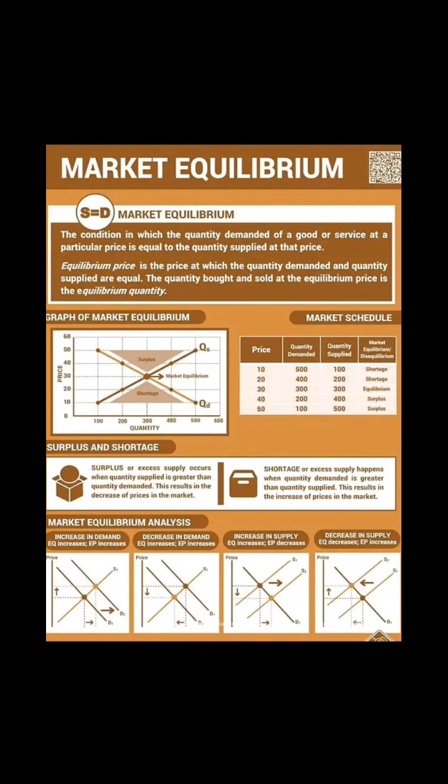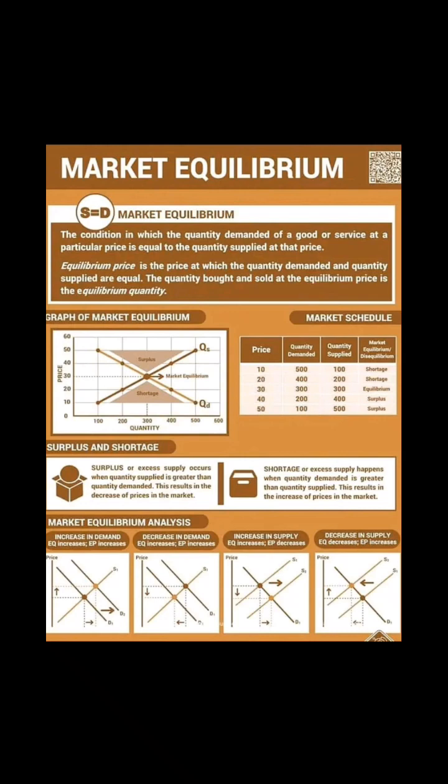Okay, and then the last part of the picture is the market equilibrium analysis. Increase in demand means equilibrium quantity increases and the equilibrium price increases. Here it is an outward shift from D1 to D2.